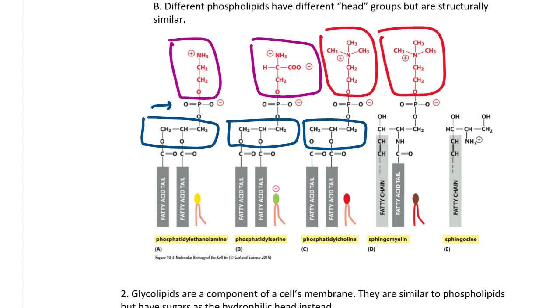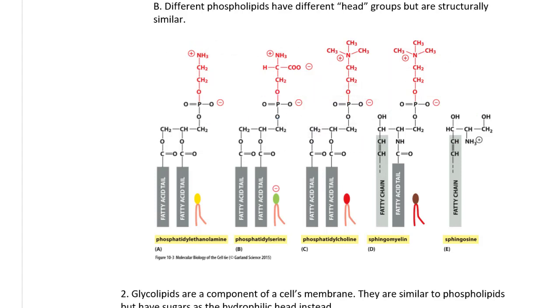So, if we look at these, you can see that in the case of phosphatidylethanolamine, you have 1 negative charge and 1 positive charge. So this is going to be overall neutral. And that's what's being shown in this cartoon drawing right here. We know that there's a full negative charge and a full positive charge there, but overall the whole molecule is neutral because those 2 things cancel out each other.